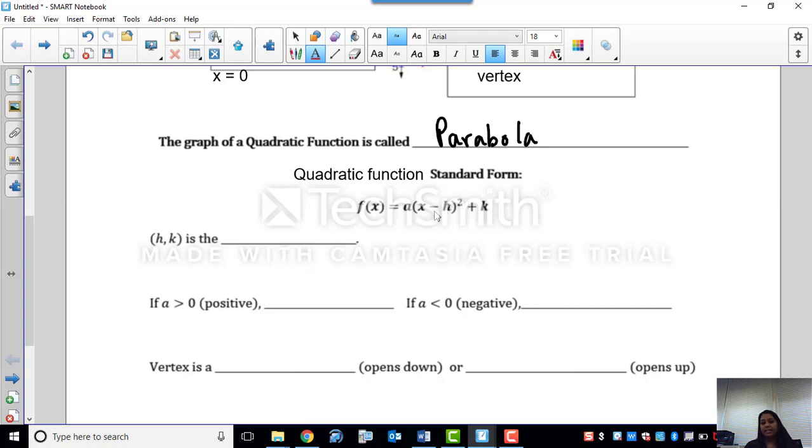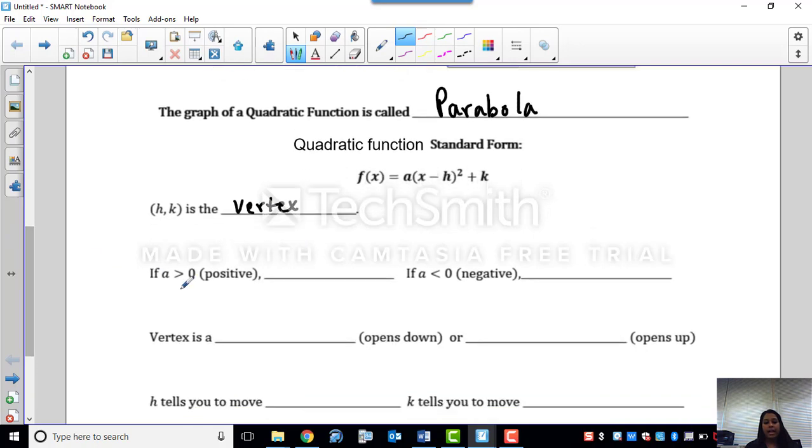The x can have a number attached to it or not, but x squared is what makes it a quadratic. A, h, and k are all constants. The numbers h and k give the coordinates of your vertex.